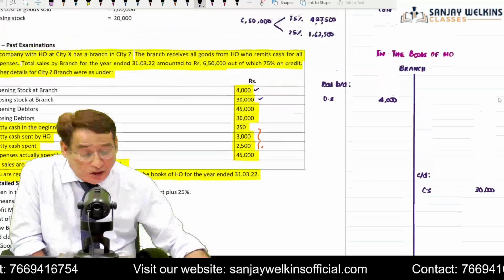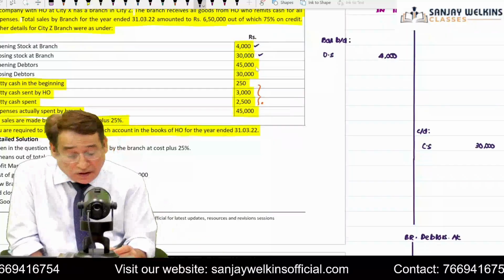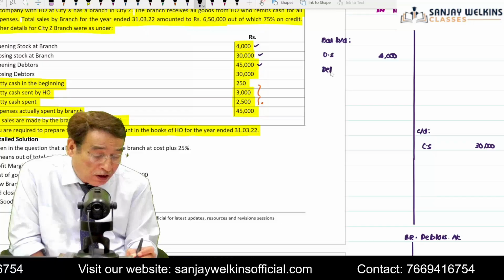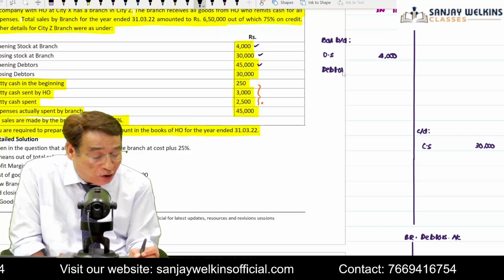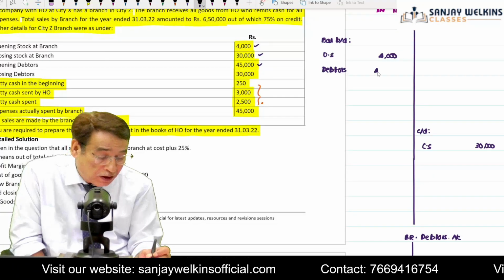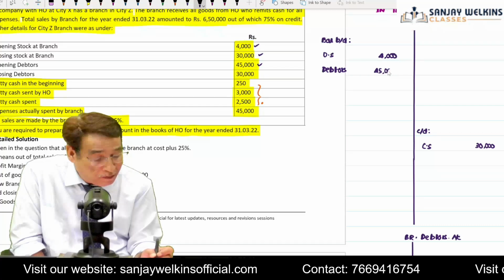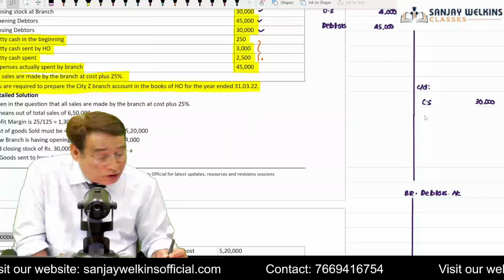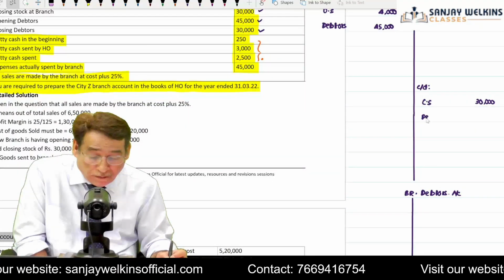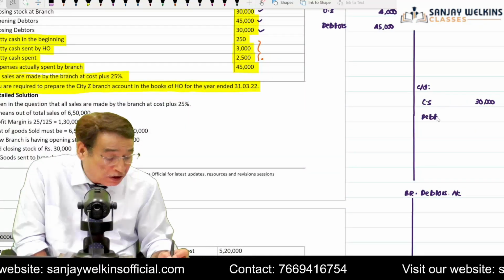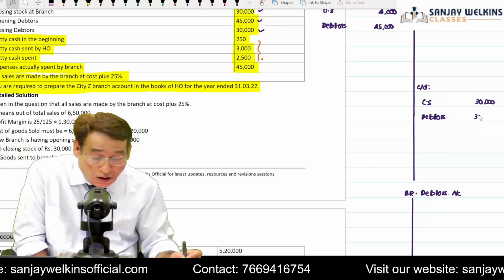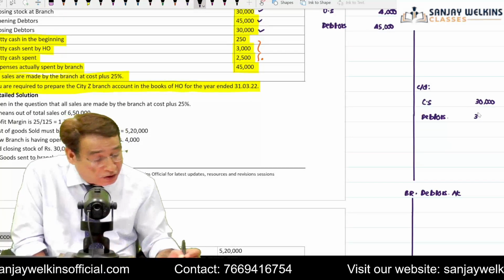Correct? Well, after that, opening debtors are given. As you know, opening debtors will be written first of all under the balance brought down. Now, opening debtors here are 45,000. Besides that, we are also given closing debtors, and the amount of closing debtors is 30,000.